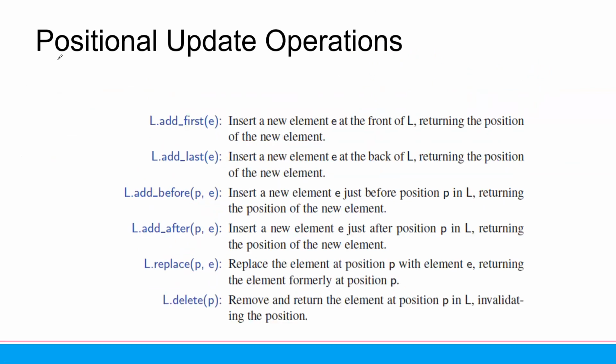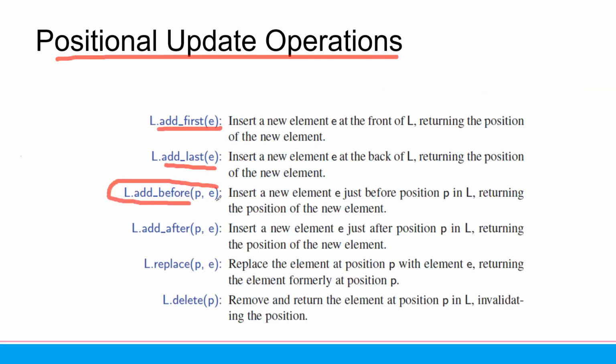In the positional update operations, we can do add first, which means I will add the element in the first position. I can add the element in the last position. We can have add before and add after.